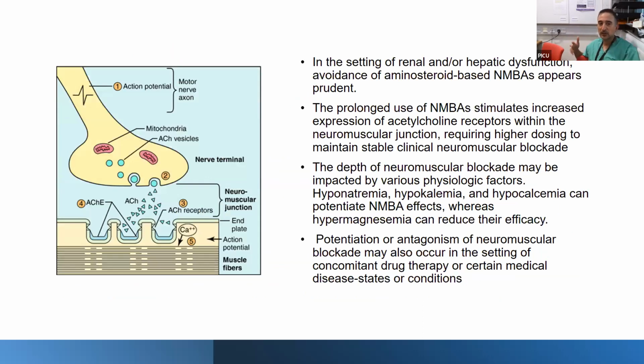So the mechanism of action, to remind you of the neuromuscular junction: the nerve impulse is transmitted across the synapse by acetylcholine, and it's broken down by acetylcholinesterase, and then that's reabsorbed into the presynaptic nerve, and that's essentially how the effects of acetylcholine are propagated, and so they're blocking that.